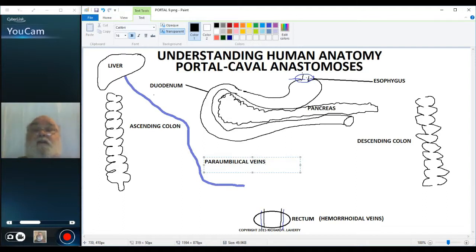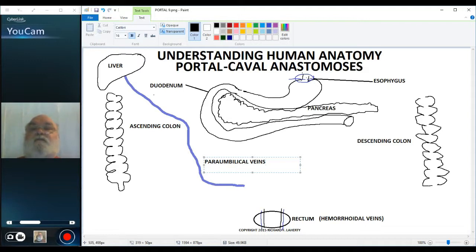And recall that the para-umbilical veins go to the area of the umbilicus, the belly button, and there they merge or interconnect with the veins of the body wall.